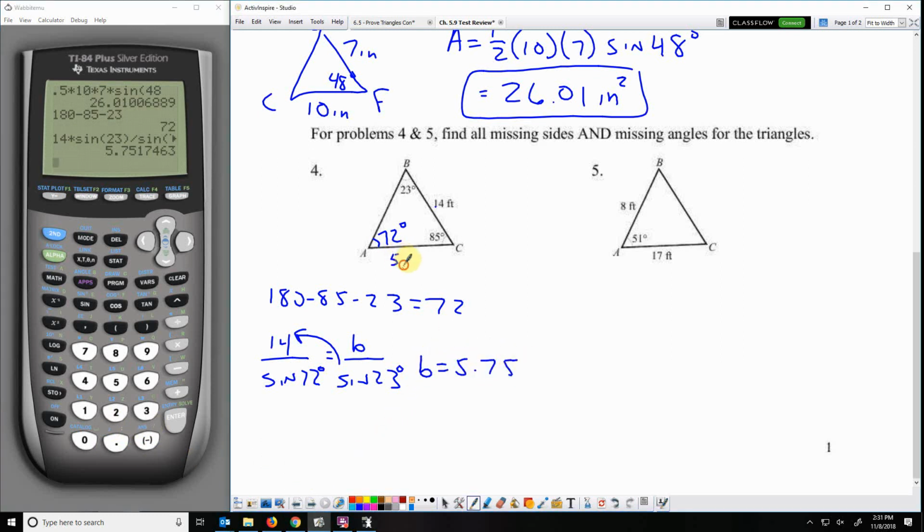So I can put 5.75 feet right there, and the only thing still missing is side C. So 14 over sine 72 equals C over sine 85. Okay, so I'll multiply that sine 85 across.